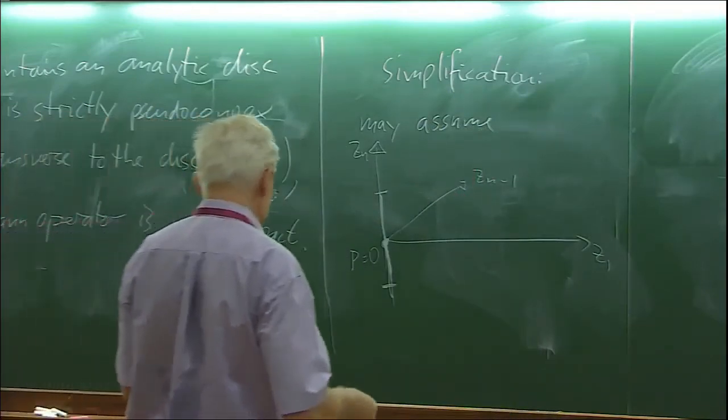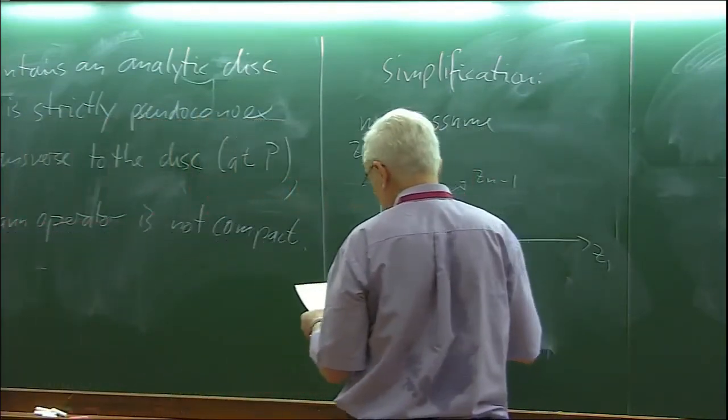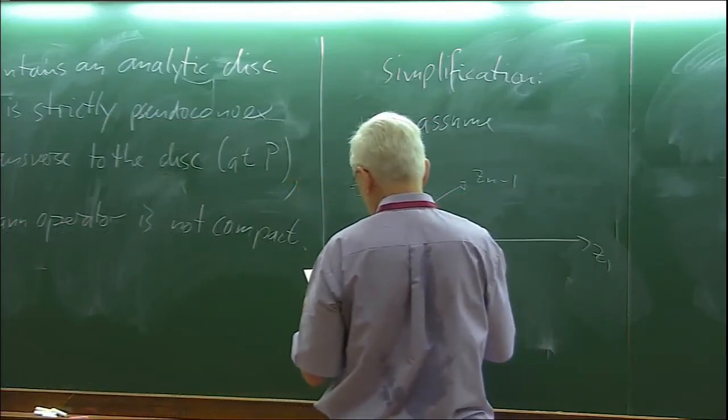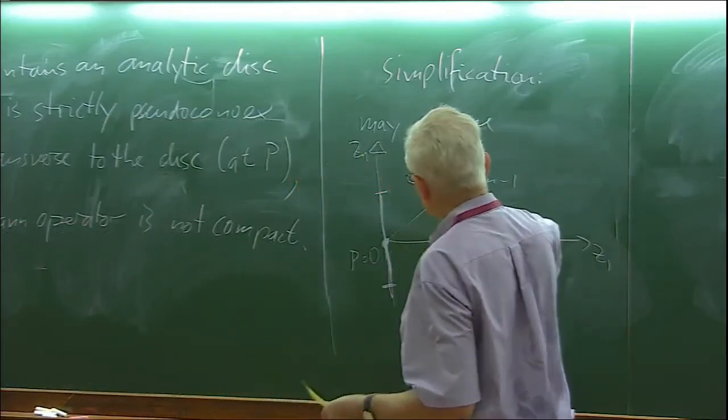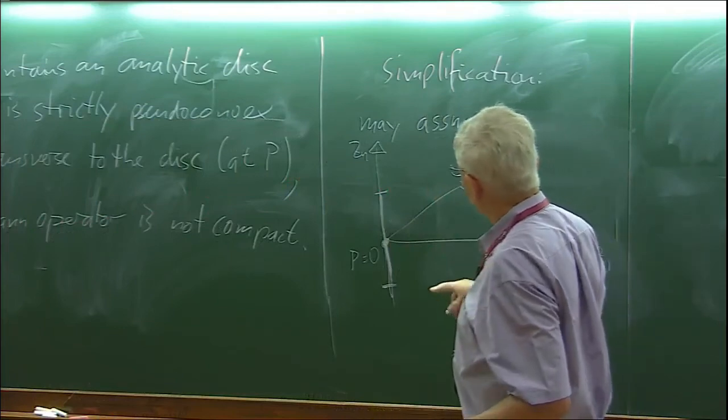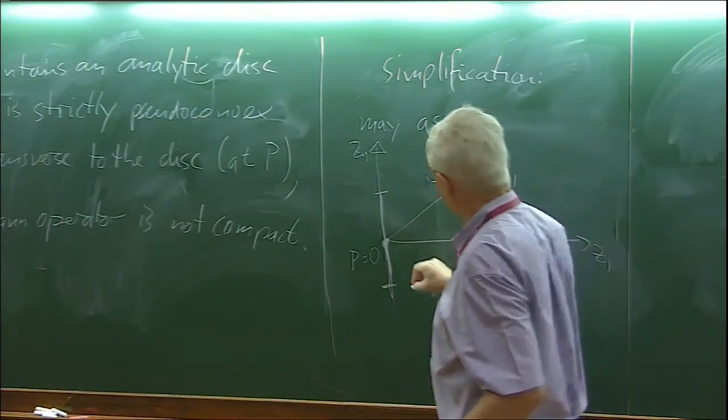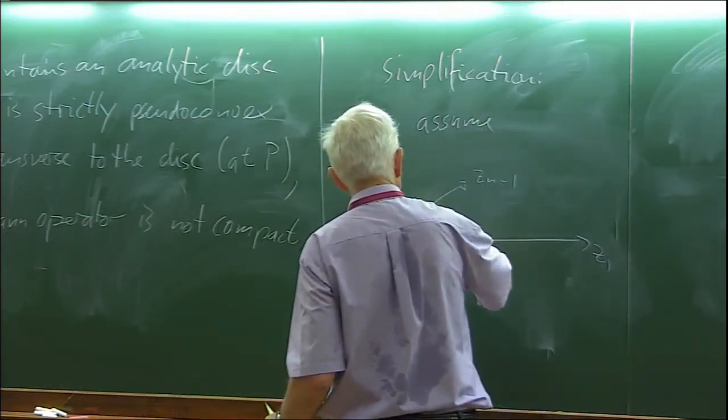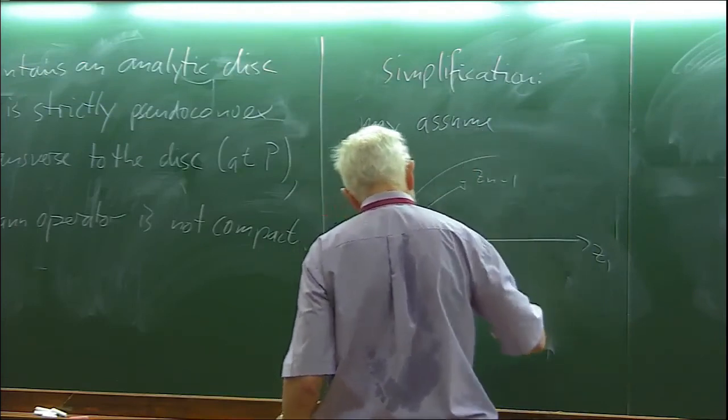Let's define S, let's call it S0. I want to take this slice now where I intersect with Cn equals 0. So that's going to be something like this.